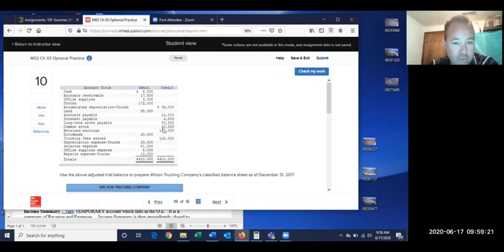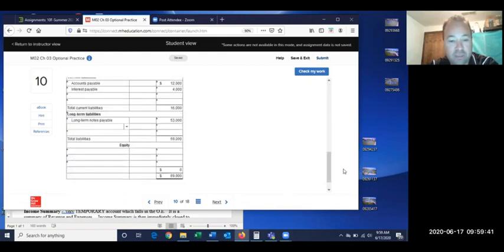The only thing I haven't used is the 20 grand for common stock, and I haven't used that new number. We wrote it down, 160,500 of my ending retained earnings. So that's my only two things left: the 20,000 of common stock and my new retained earnings number. So I'll come down here and put in my common stock.